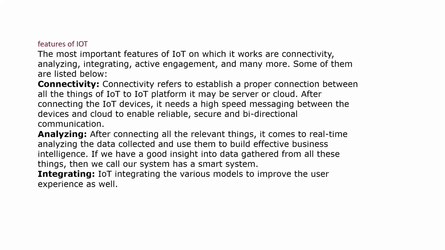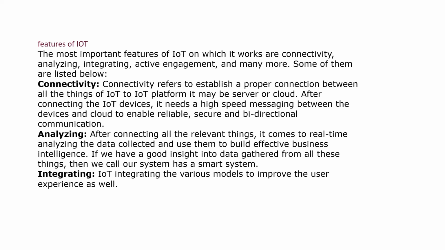The second ability of the Internet of Things is analyzing data. So after collecting all of the relevant data, okay, it must be analyzed. Okay. And it must be converted into an effective form, and that effective form must be useful to our end user.